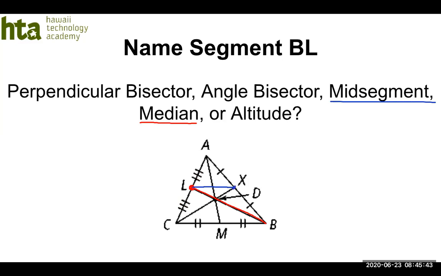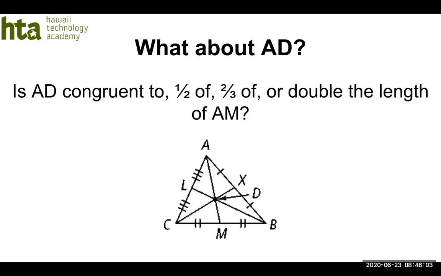Medians actually have a funky relationship. This is where Christian's question comes in: you don't have to know the names of the points of concurrency, but we do need to know the properties that this point provides. What is the relationship from A to D? D is the centroid point right here.